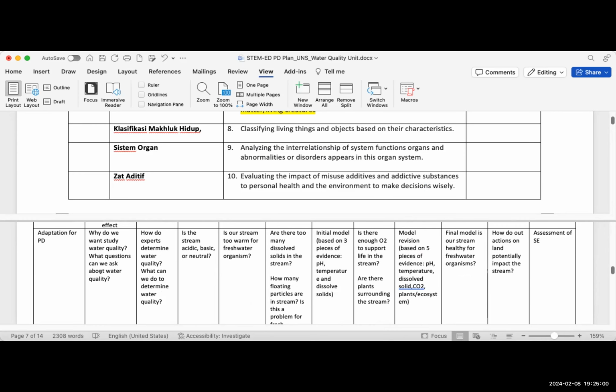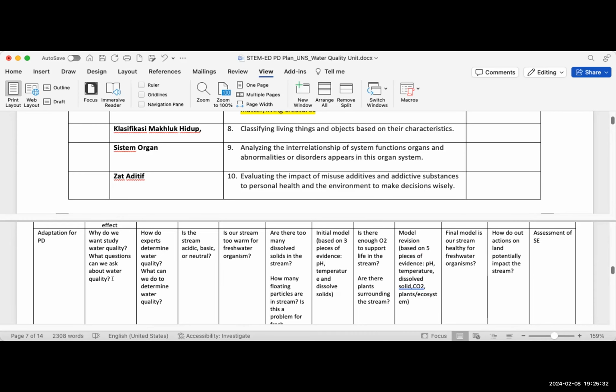So the first one, of course, we want to make our teachers, the participants, know why they have to study water quality, why they have to treat water quality as an important issue in our country. And then we also want to design here, because students in Indonesia are a bit shy.